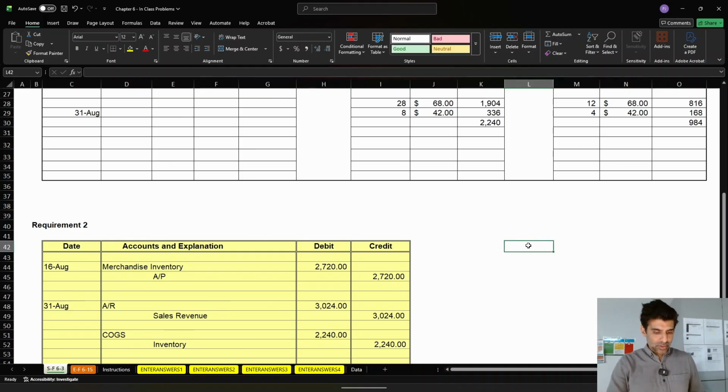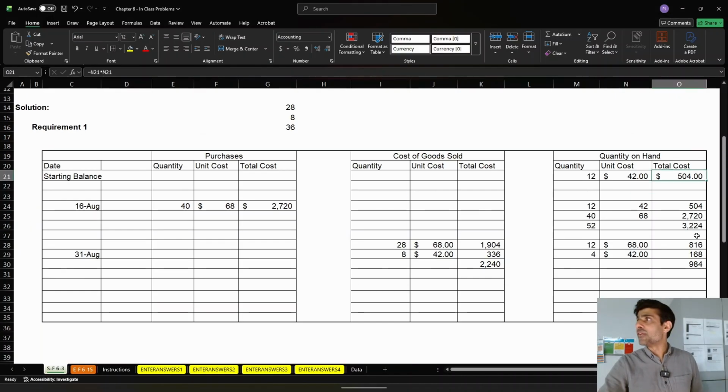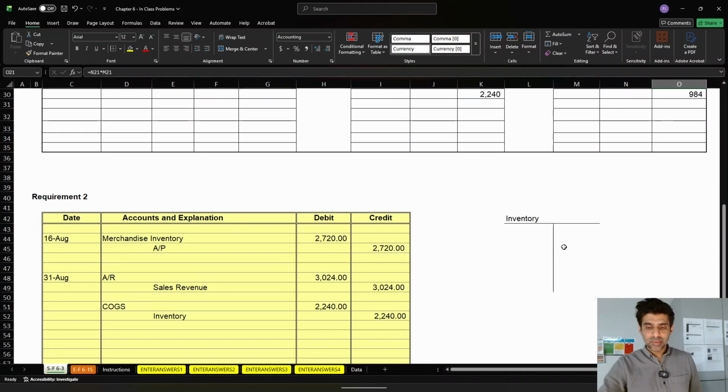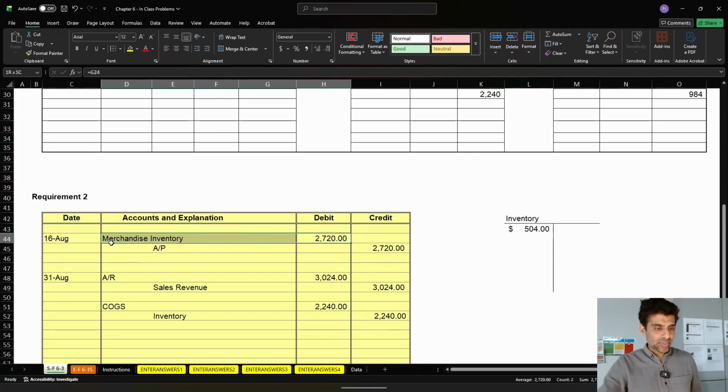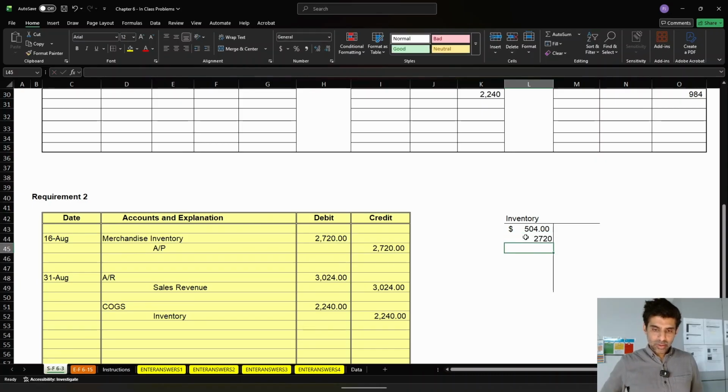Now let's do our T account for inventory, just to make sure that we're correct and lined up with what we just calculated. I had a starting balance of 504. That was the value of my inventory. And I had this purchase transaction, debit. And then I had this sales transaction, credit.